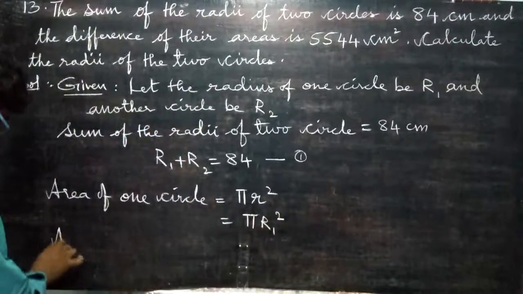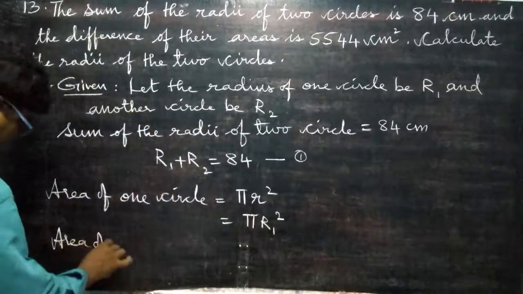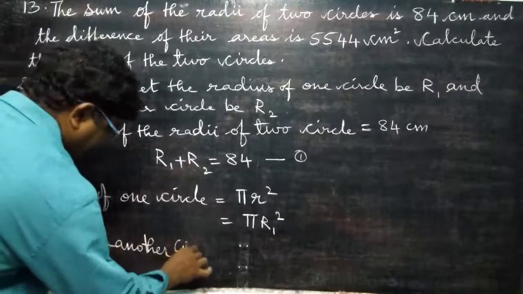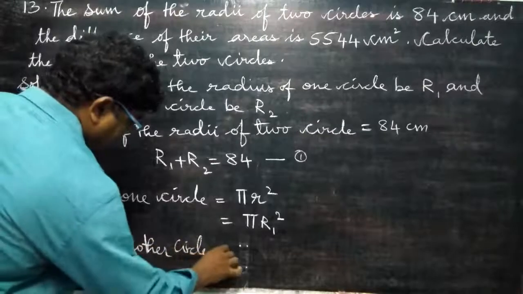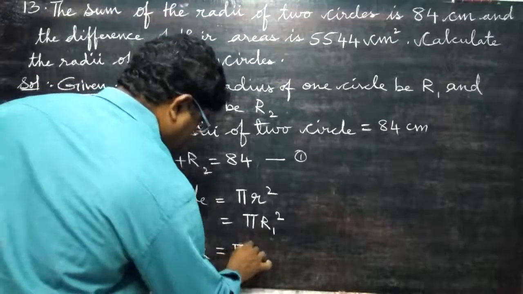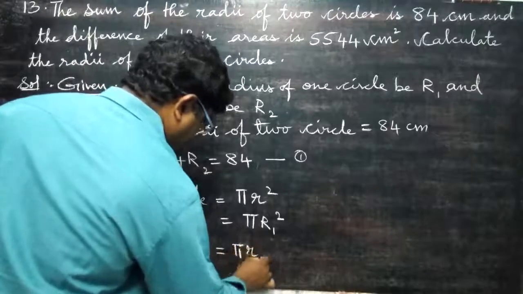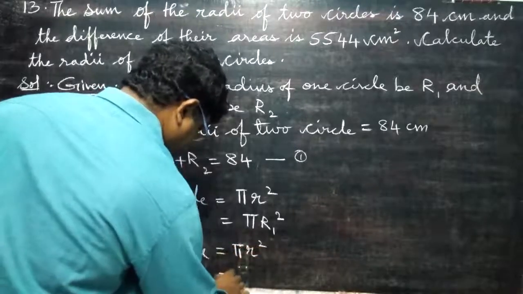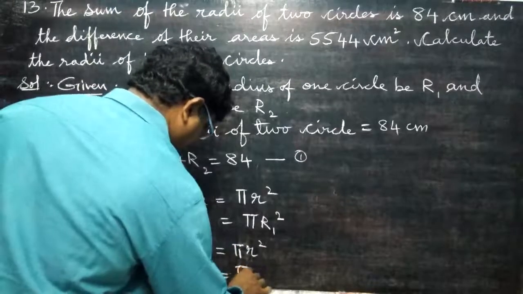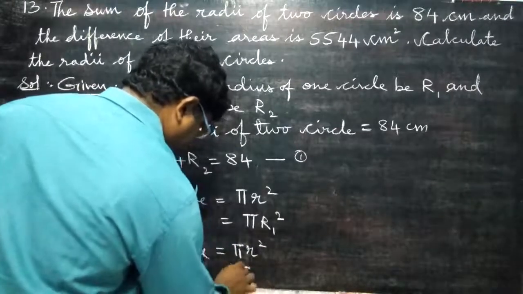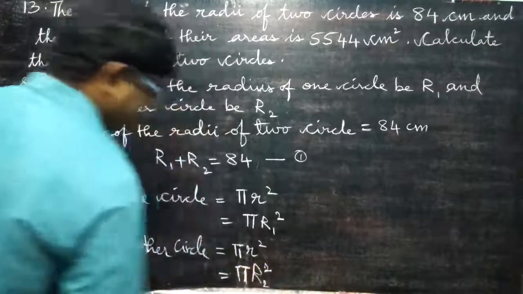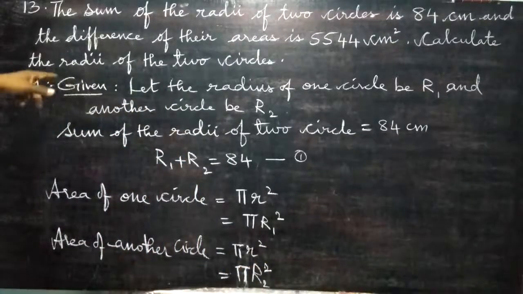Next, area of another circle, same formula, pi r square, that is equal to pi capital R2 square.